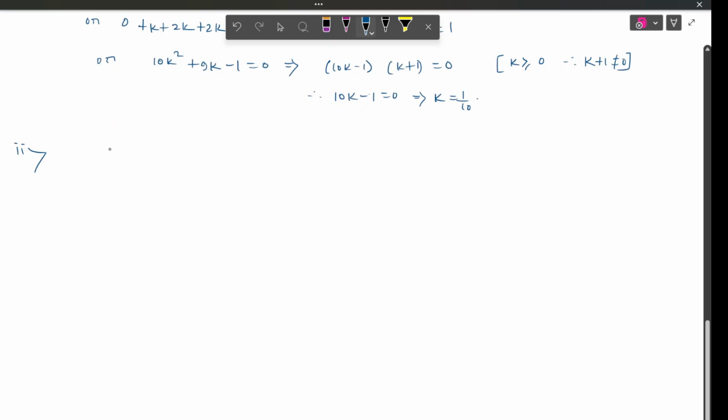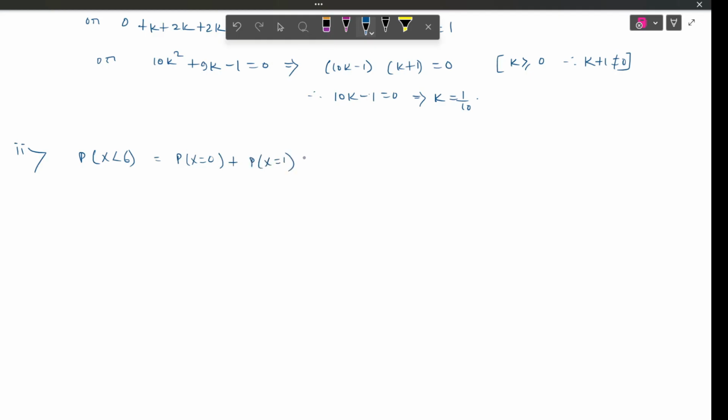So let's see the solution. Probability of X less than 6 should be probability of X equals 0 to 5, right? So probability of X equals 1, probability of X equals 2, probability of X equals 3, probability of X equals 4, plus probability of X equals 5.